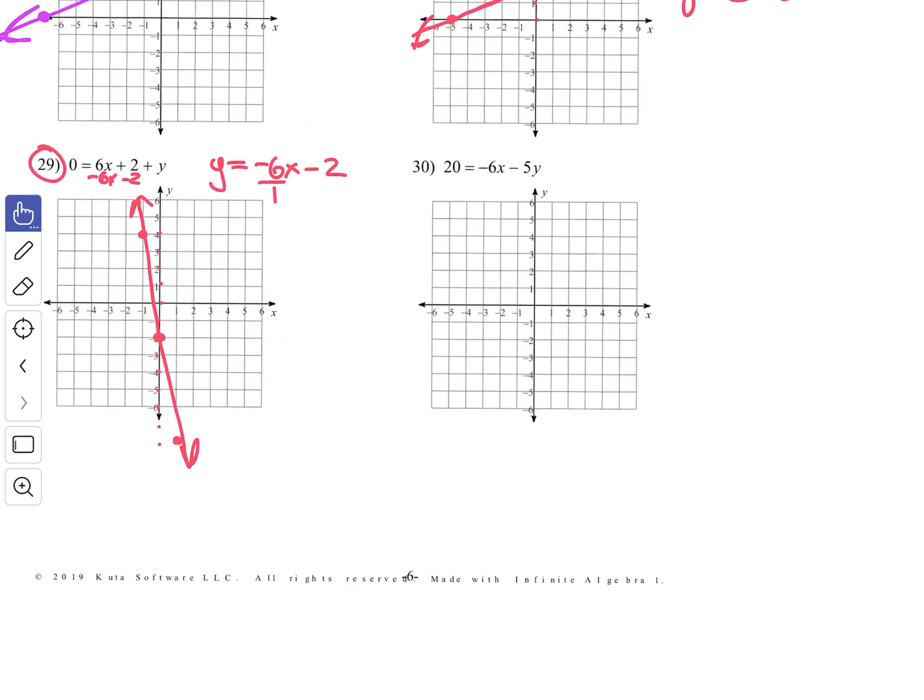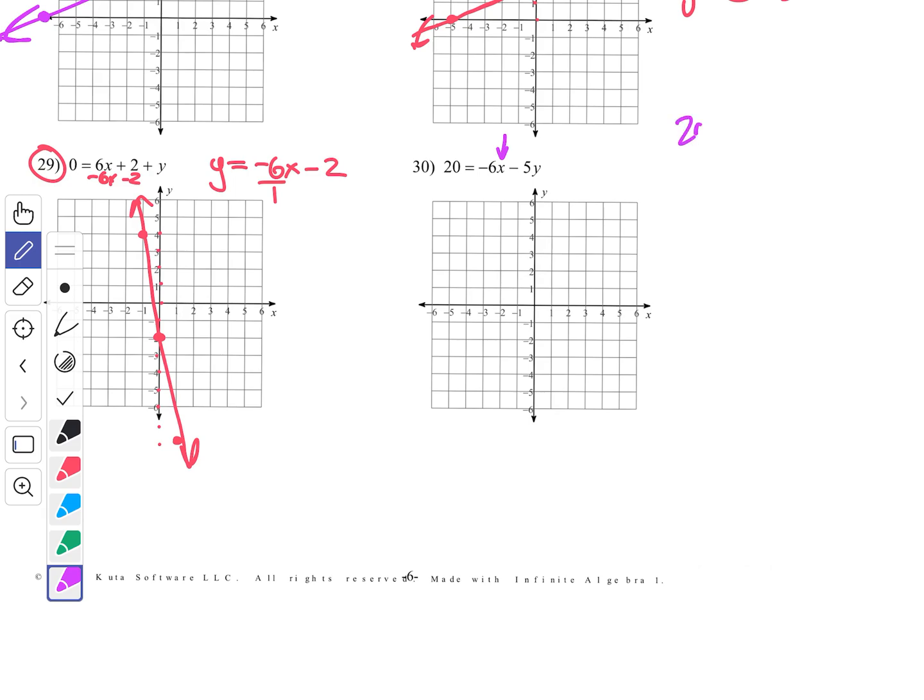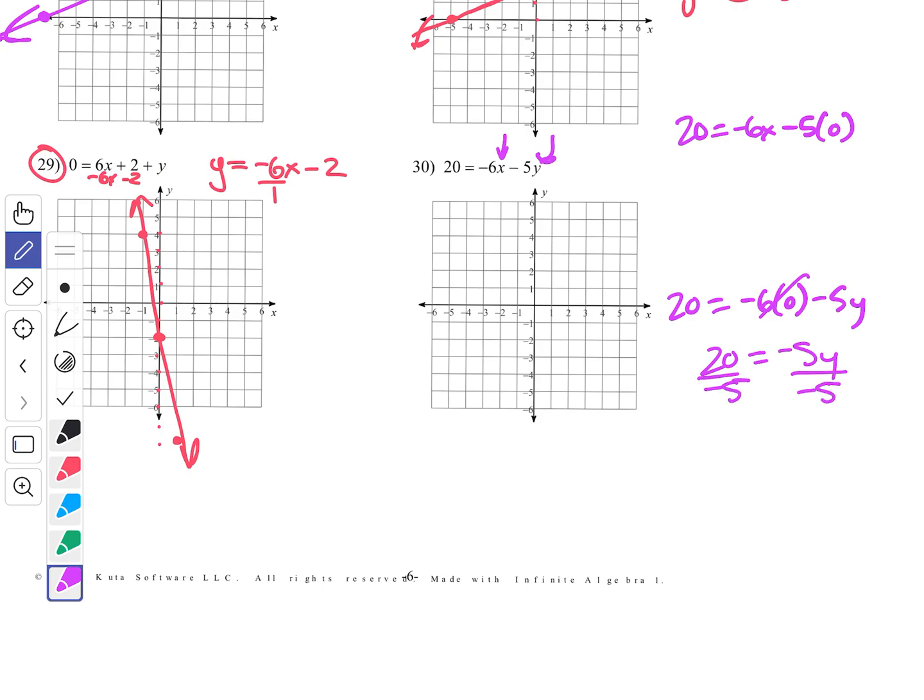Again, number 30, we can take a look at that same concept. Okay, so to find my x, I make the y equal to 0. To find my y, I make the x equal to 0. And then I just solve. That becomes 0. 20 equals negative 5y. Divide by negative 5. And we get a negative 4 equals y, my y-intercept.